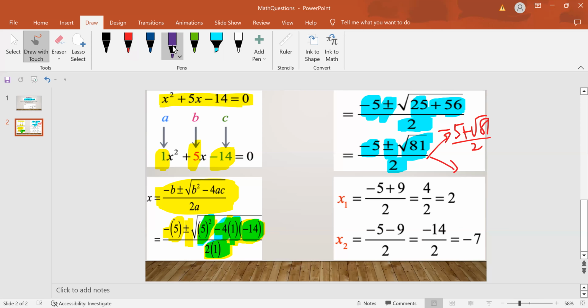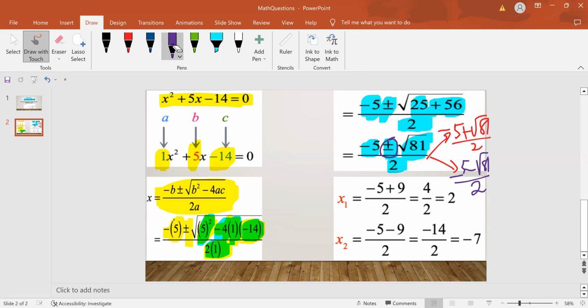The same negative 5, but this time minus the square root of 81, divided by 2. The reason is the plus minus. The plus minus is telling you there are going to be two solutions, but what is different is the positive radical 81 and the negative radical 81. The other things are the same.